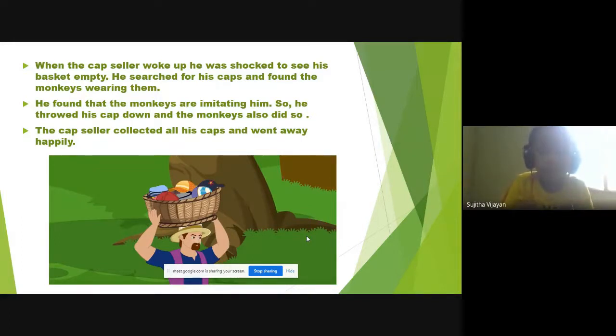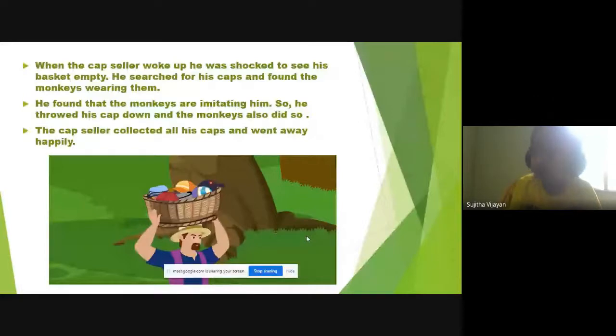He found that the monkeys are imitating him.